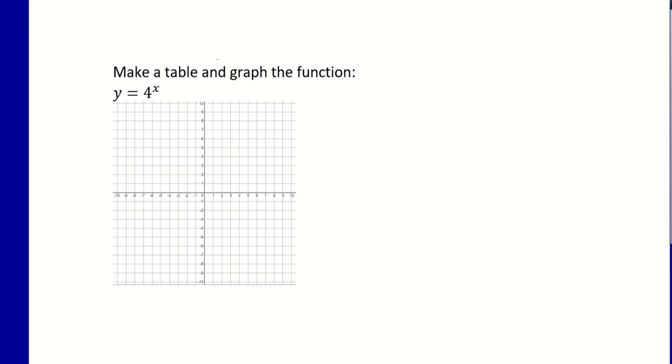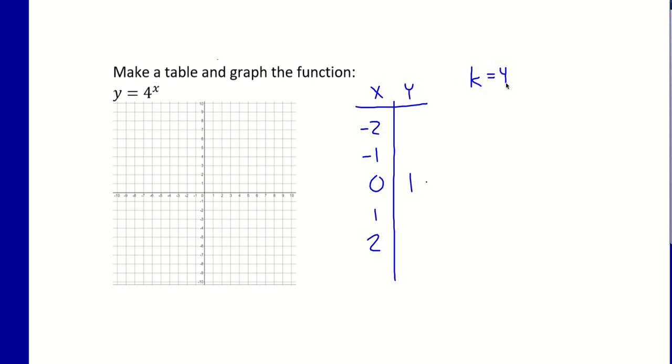We can do that in the same way that we approached the other ones, now that we have an understanding from the calculator, that if I know that this is going to go through 0, 1, since anything to the 0 power is 1, and I know that my base is 4, so I can say, well, k is 4, so if I move forward in the table, I should be multiplying by 4. So I would have 4 and 16.